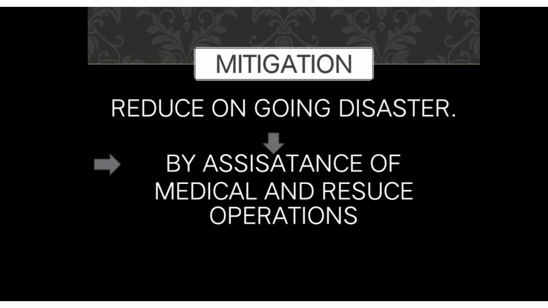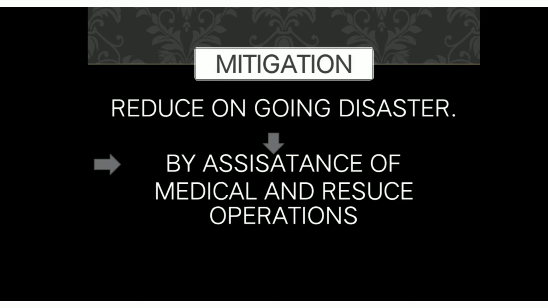Now we are going to discuss what is mitigation, what is prevention and what is preparedness. Mitigation is nothing but reducing the damage or the loss from an ongoing disaster, one which we are presently facing. For example, earthquakes.